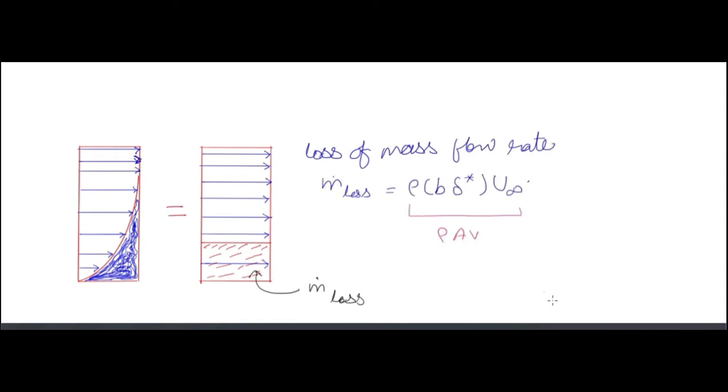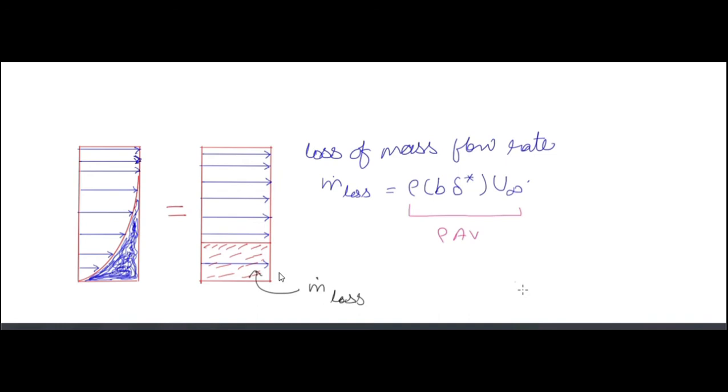mass flow rate. So loss of mass flow rate is equal to rho into b into delta star, the displacement thickness, into the free stream velocity u infinity. Rho is the density of the fluid, b is the breadth of the plate, and x is the distance along the surface, along the downstream.